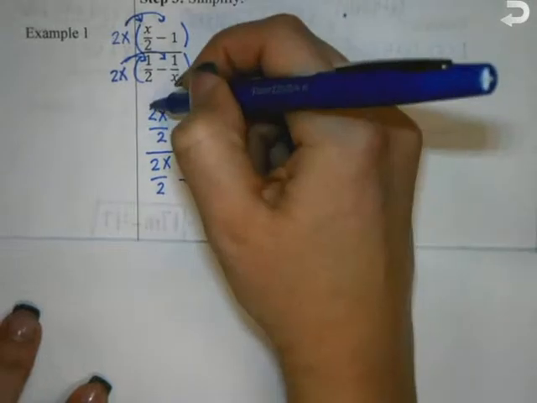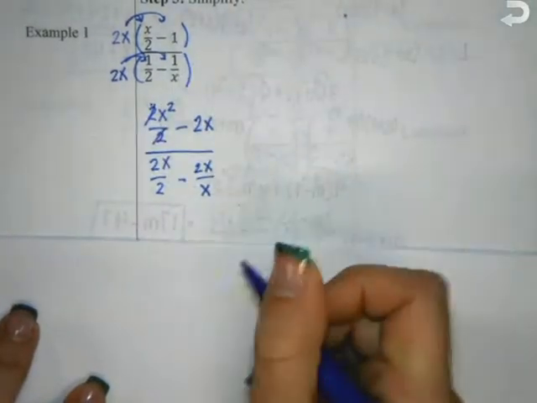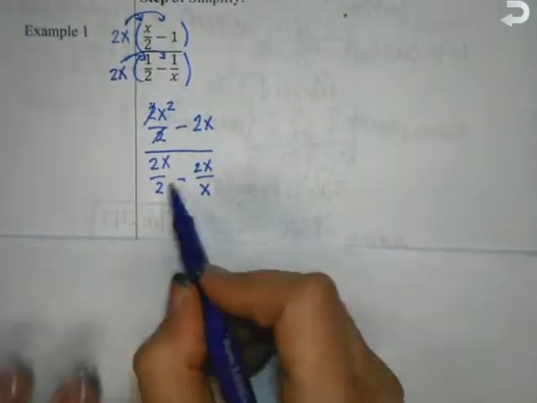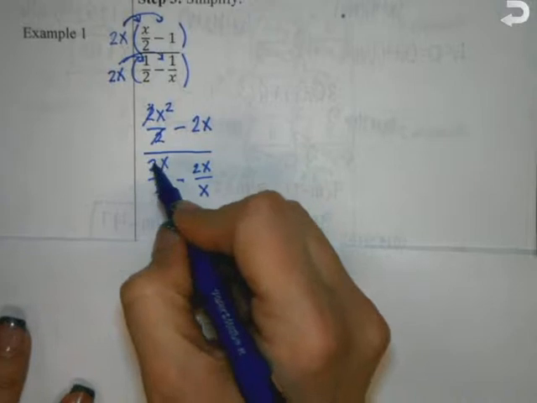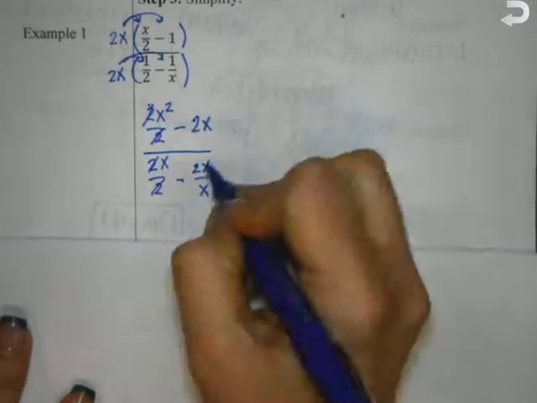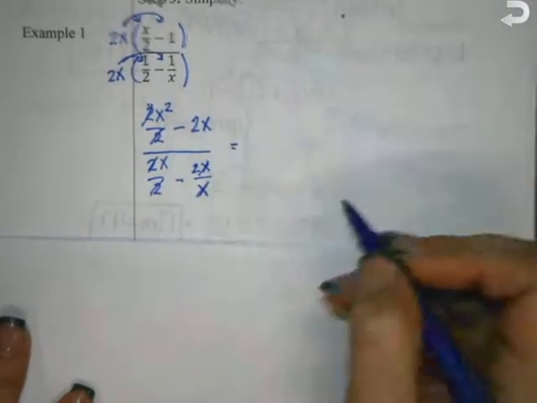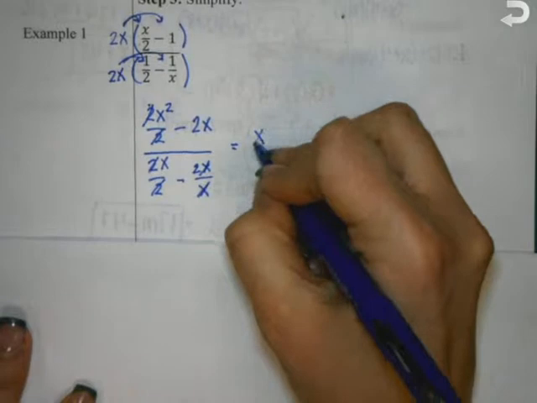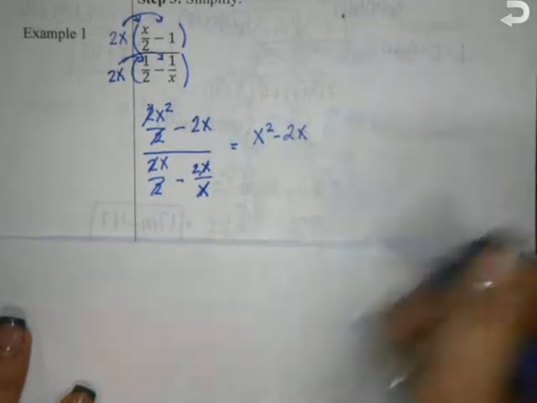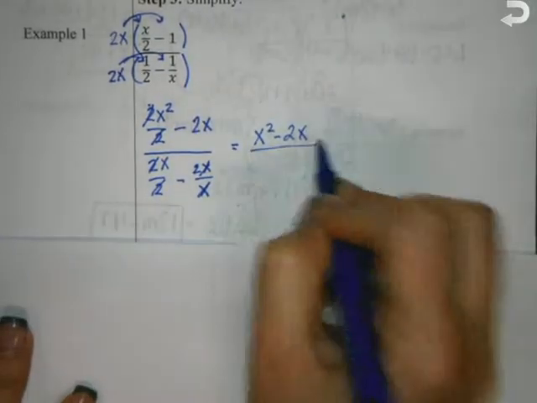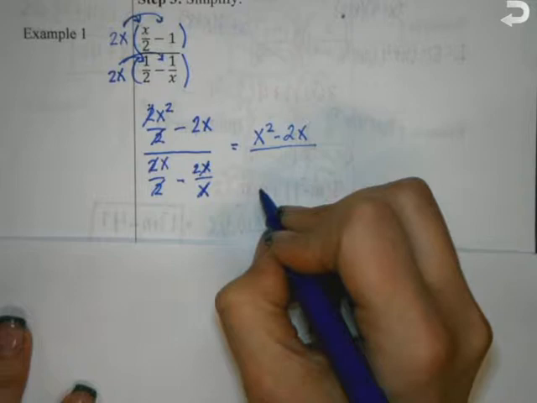Those 2's cancel. What about down here? The 2's and these x's cancel. So what do we actually have? X squared minus 2x in the numerator all over x minus 2 in the denominator.